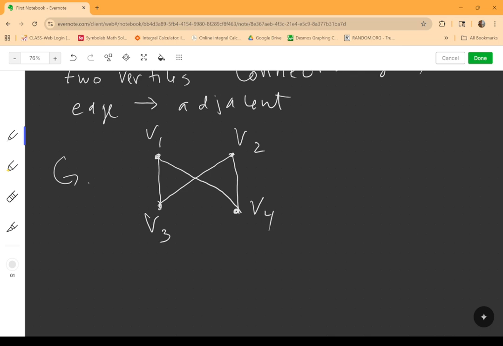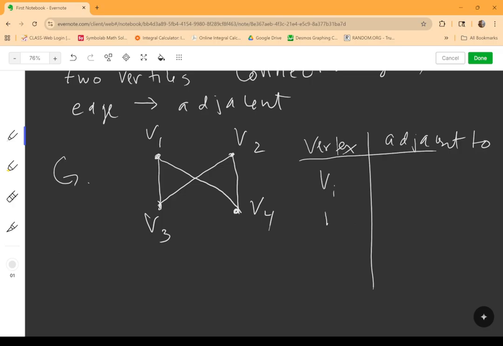Okay, so visually we can represent a graph like this, and we can also have a kind of chart where we have the vertex and then what it's adjacent to. So we have four vertices here.